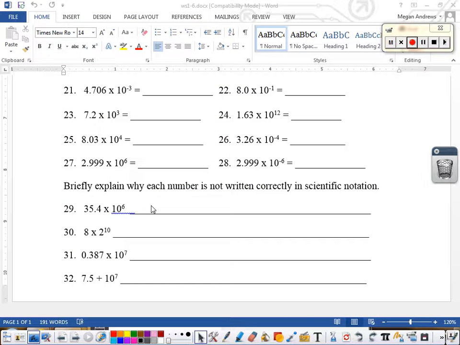Okay, at the bottom, you're asked to explain what's wrong with a scientific notation. So try to remember what real scientific notation looks like in order to be correct.